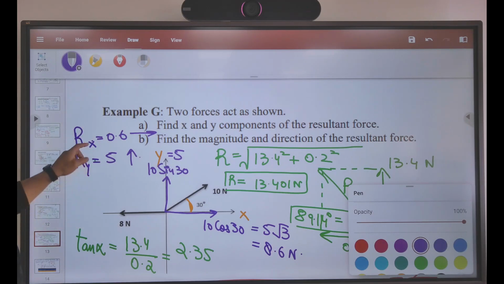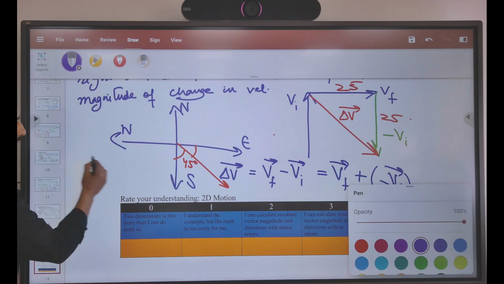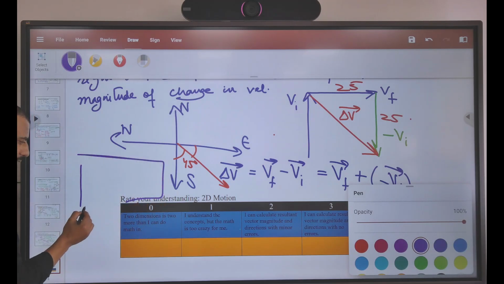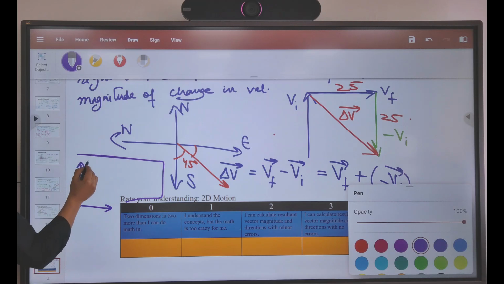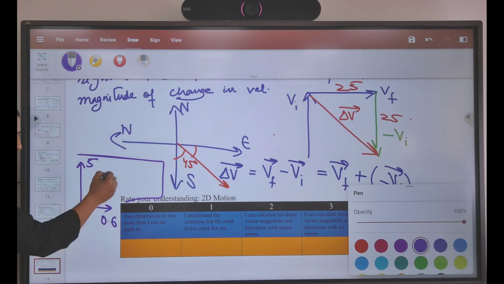So if I try to show it, where can I show this? Maybe there. So I'll try to make it here. See, it is something like this: 5 and 0.6. Is that clear? What will be the result? The result will be somewhere here, isn't it? Now find the resultant.